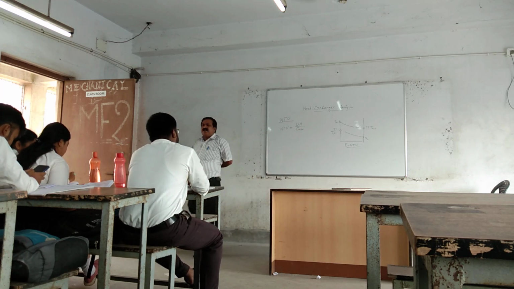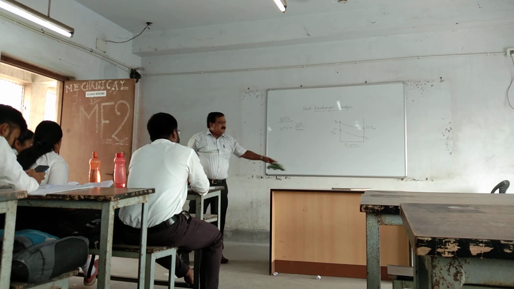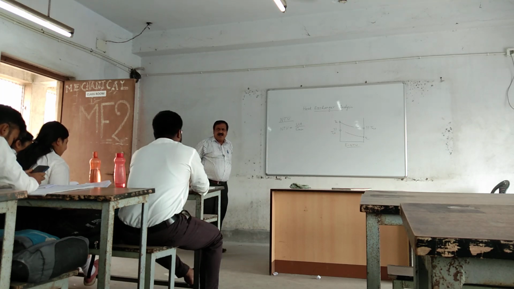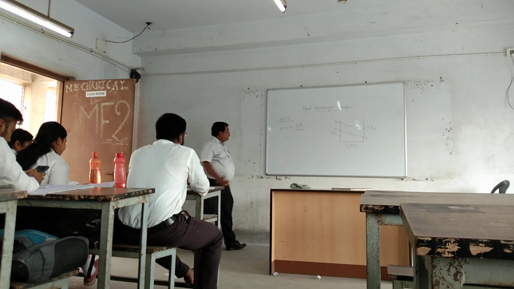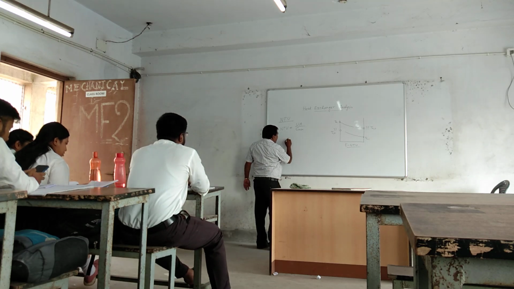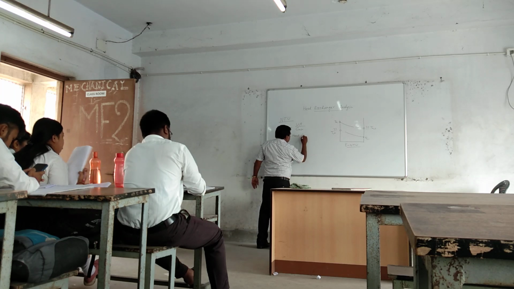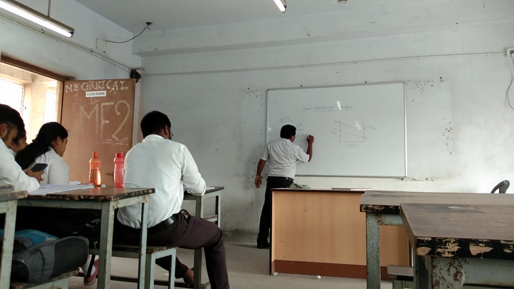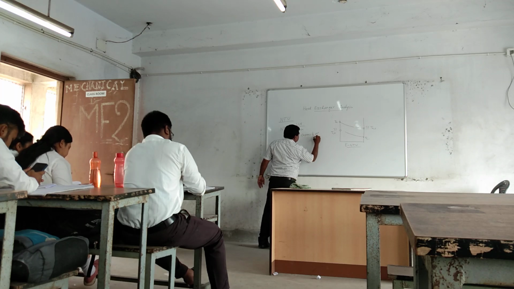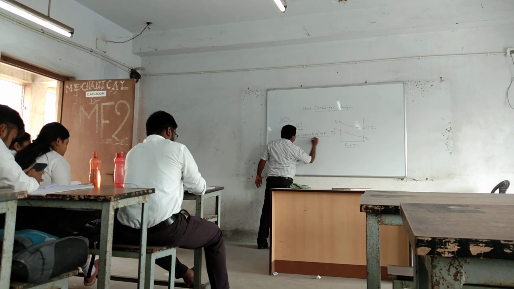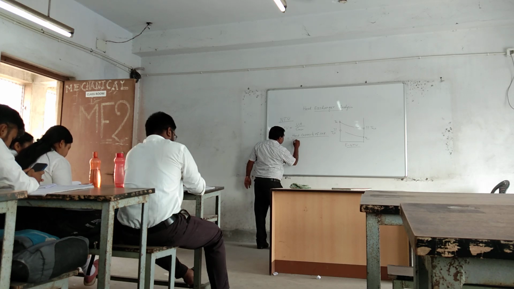U is the overall heat transfer coefficient, A is the area, and C min is the minimum heat capacity rate. This UA is defined as the heat capacity of the heat exchanger divided by the heat capacity of the fluid.